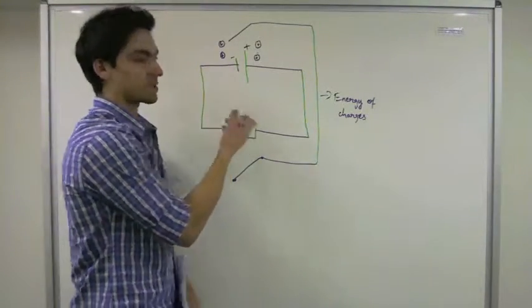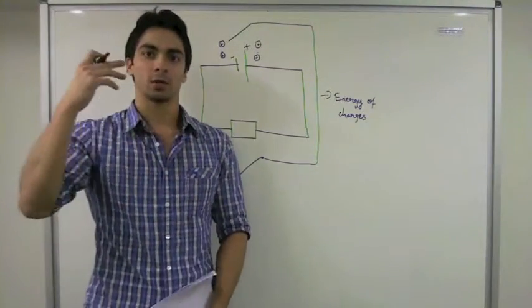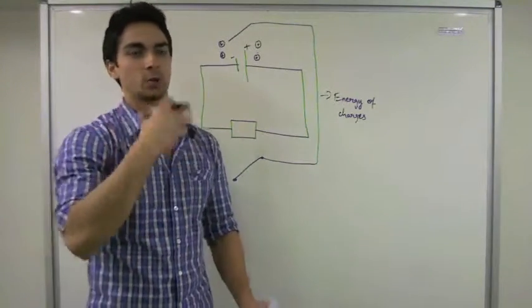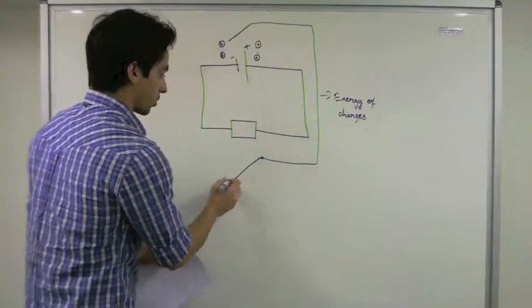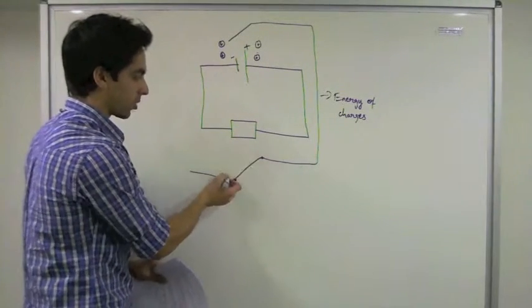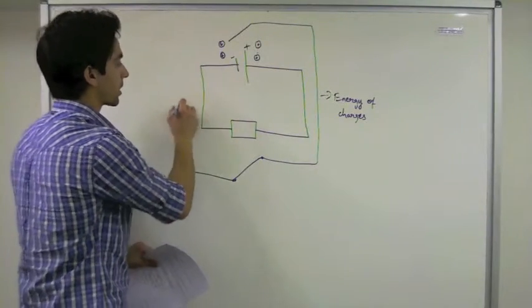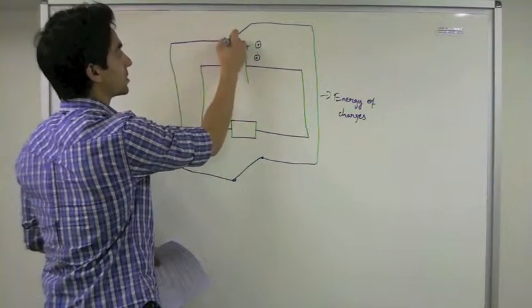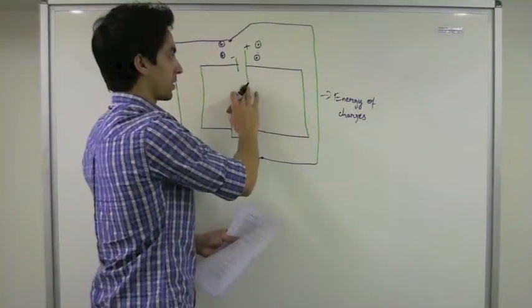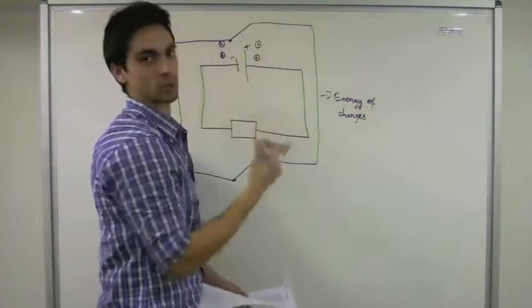For example, if this is a bulb, the electrical energy is converted to light and heat. If this is a fan, it's converted to mechanical energy, etc. At this point, the charges have lost their energy and they come back to the beginning of the circuit. Then again, these charges will gain energy in the battery and so on and so forth.